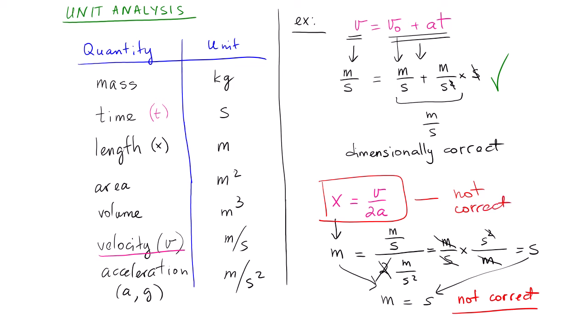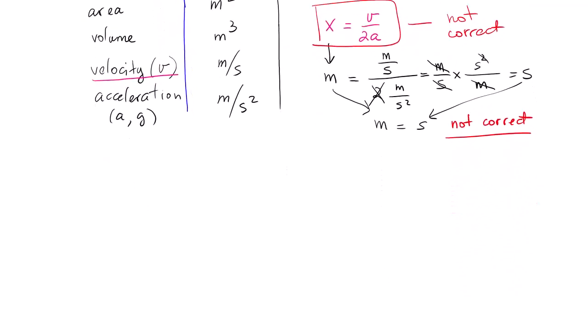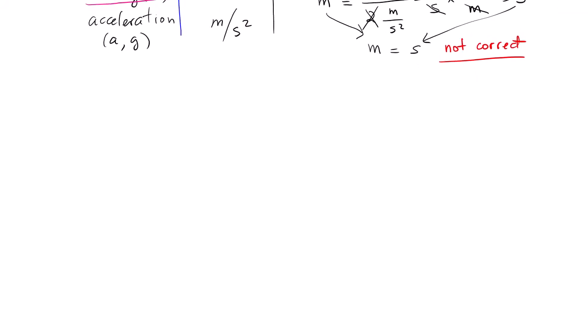But I want you to be very careful here. The unit analysis will tell you whether an equation is dimensionally correct or not. It doesn't mean that the equation is physically correct. So let me show you an example real quick. Suppose that you have an equation x equals at squared.